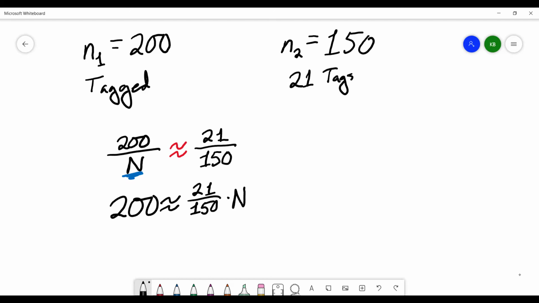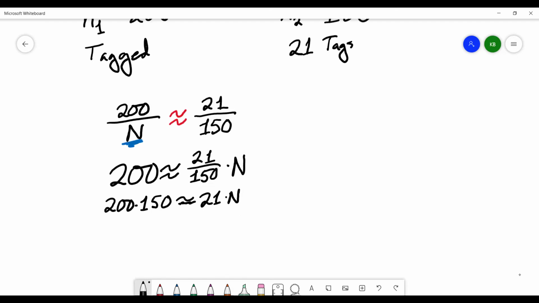I can multiply both sides by 150 and get 200 times 150 is approximately 21 times n. I can divide by 21 and get 200 times 150 divided by 21 is approximately n.